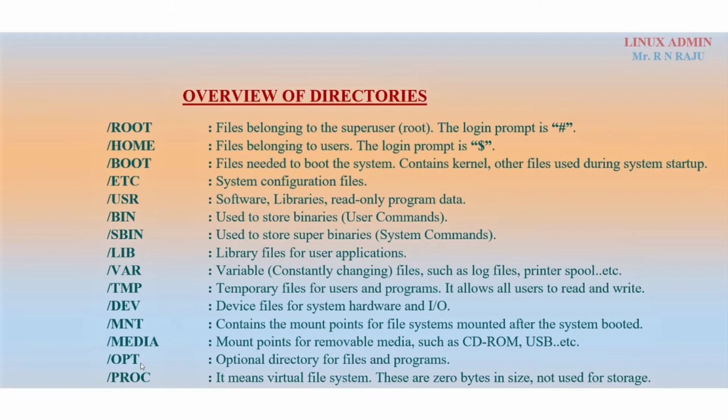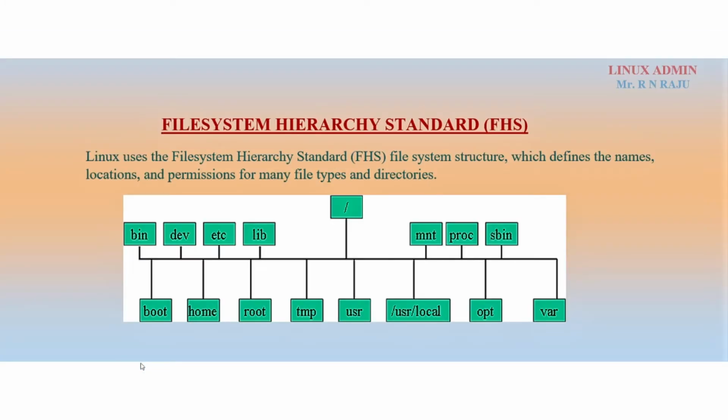You can keep your personal information there. And the last one is the proc directory. Simply, the proc directory maintains system health information. It is a virtual file system, and its size is 0 bytes, not used for storage. So this is the overall architecture of the FHS, the file system hierarchy standard.